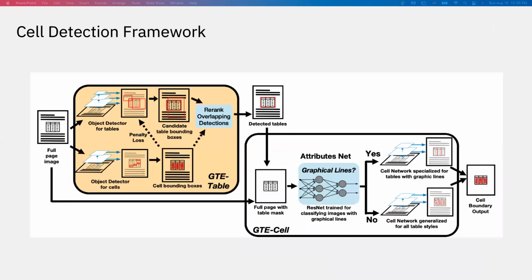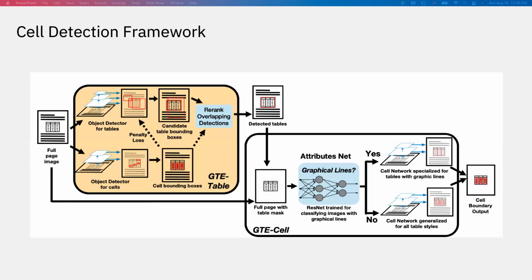On the high level, you can think of the following. We can cluster or classify a given potential candidate of a table to identify whether it is one with graphic lines or one without. For all the other table styles, we can do further refinement.